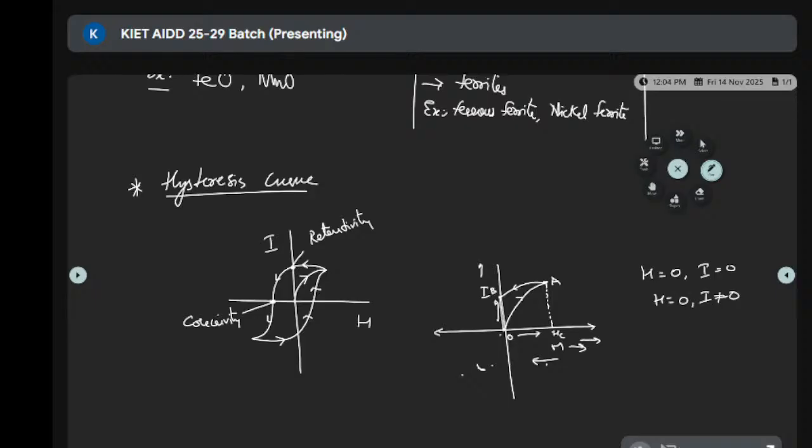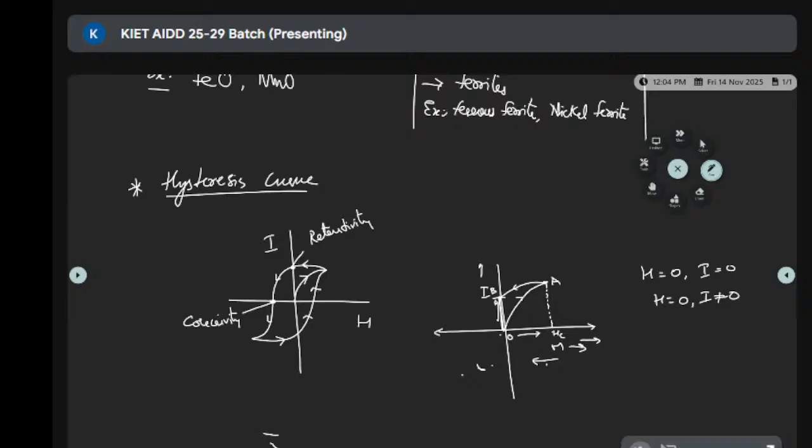Retaining property. So H is 0. Retentivity.